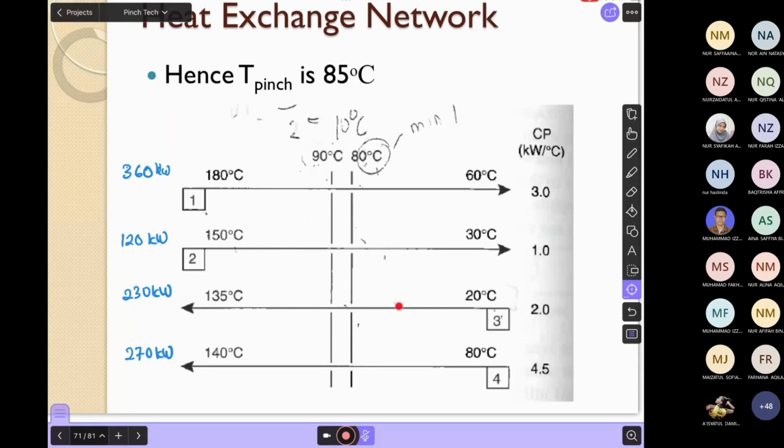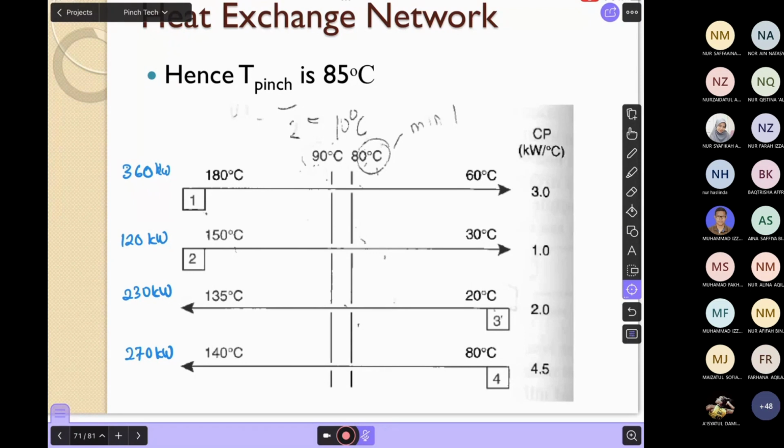But the cold streams have more than that, which is 230 kilowatt and 270 kilowatt. So you can match stream 2 and stream 3, or you can match stream 2 and stream 4. You can do that, but we want to think about what is the best that you can have for your heat exchange network.